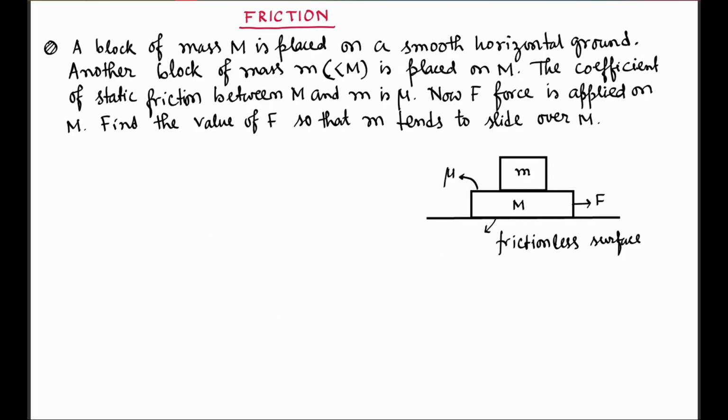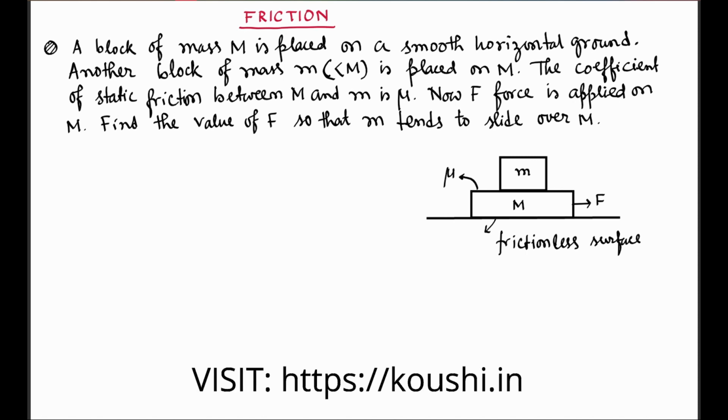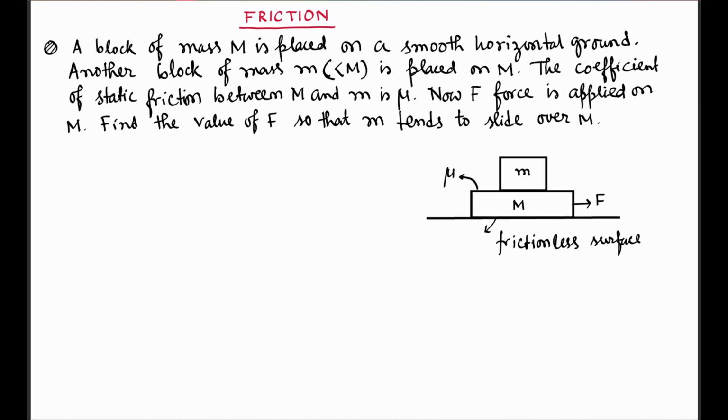A block of mass M is placed on a smooth horizontal ground. Another block of mass small m is placed on capital M. The coefficient of static friction between two blocks is mu.